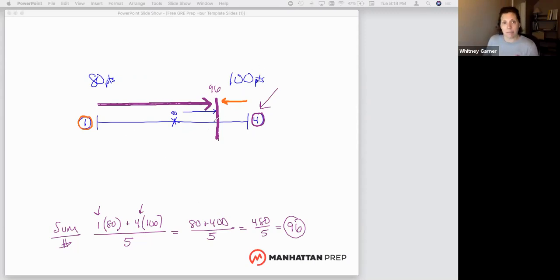Our big team, our 100-point team who has 4 people, have pulled that average 16 points. Whereas the little one-man team has only pulled the average 4 points. What do you notice about the relationship between those? What might stand out to you?